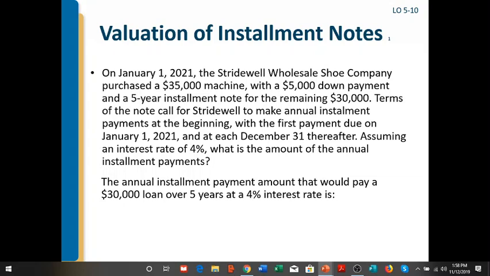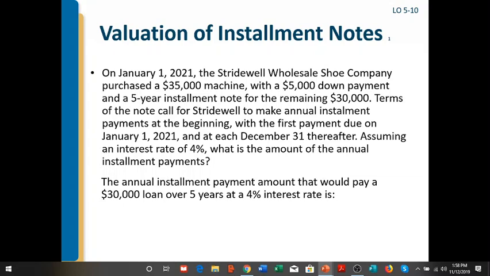An installment note. So this is kind of a common example. Here, this company's purchasing a machine for $35,000. They put $5,000 down, and the $30,000 remaining balance is put on a 5-year installment note.